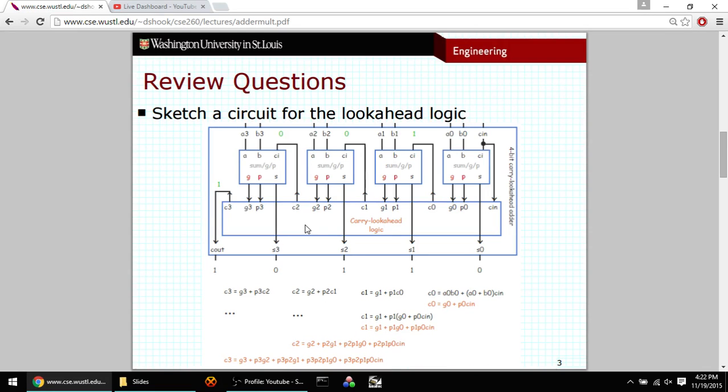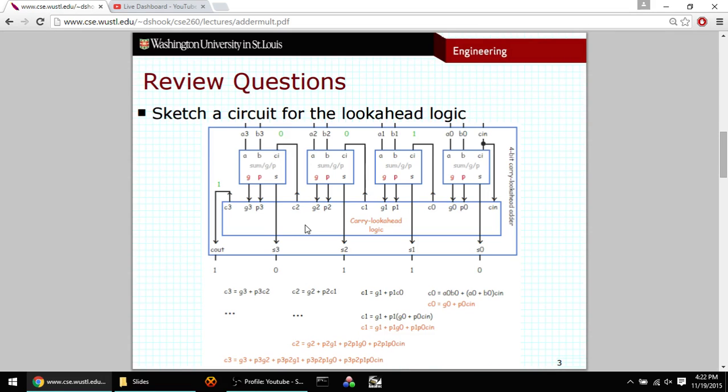We're going to know what Cn is a lot sooner than we're going to know what C0 is. We're going to be able to compute that faster. So why don't we just substitute it in for C0? So what we now have is C1 is G1 plus P1 and G0 or P0.